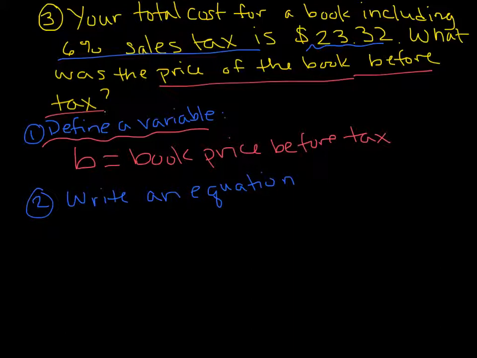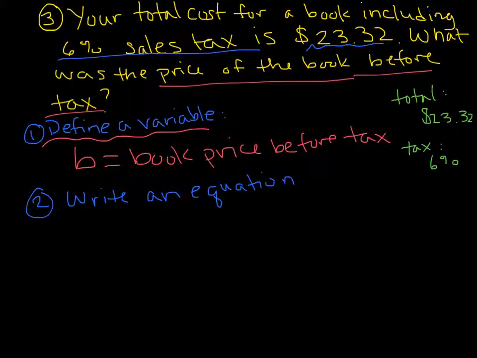So we know a few things. We know that the total cost was $23.32. We also know that the tax rate was 6%. And we're trying to find the price before tax.